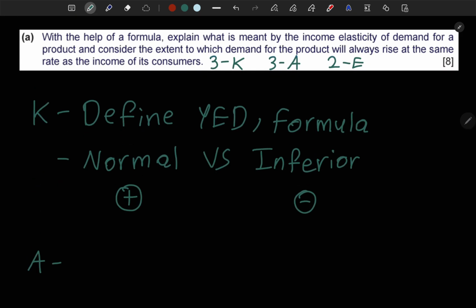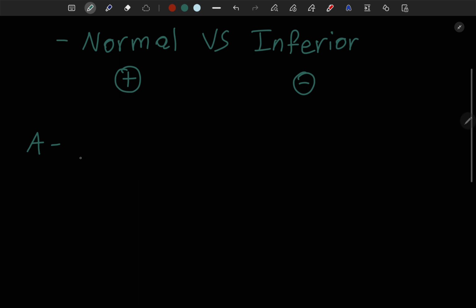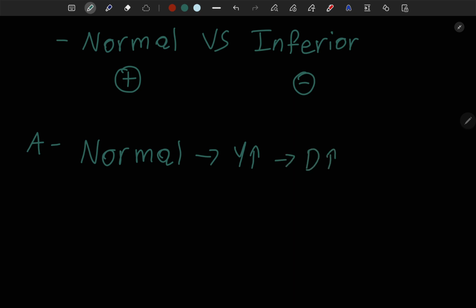The question is saying consider the extent to which demand for the product will always rise at the same rate as the income of its consumers. So we know if the good is a normal good, first thing is that when income, you can write income with Y, rises, the demand also rises.